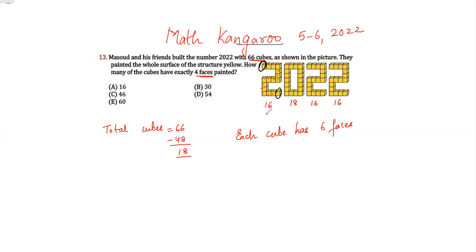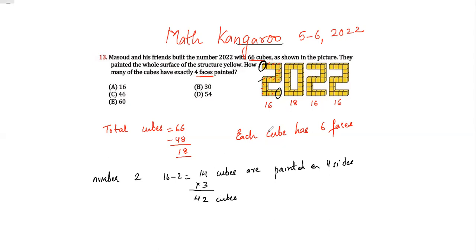Otherwise, all others are painted on 4 sides. So for the number 2, out of these 16, 14 cubes are painted on 4 sides. Correct? And then we have 3 twos, like this is 1, 2, and 3. So we multiply by 3. So we get 42 cubes.